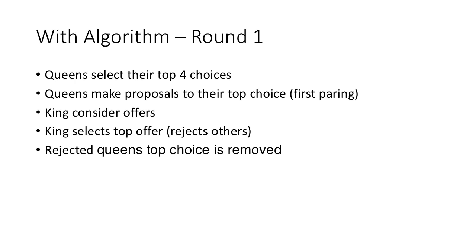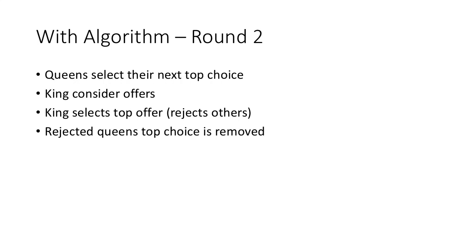Then another iteration happens where the queens again propose to their highest choice, the kings select from that pool, and you go through iterations until you finish. So again, this is a very ordered, sequential recipe, an algorithm on how to do this, and they can move through it pretty fast.